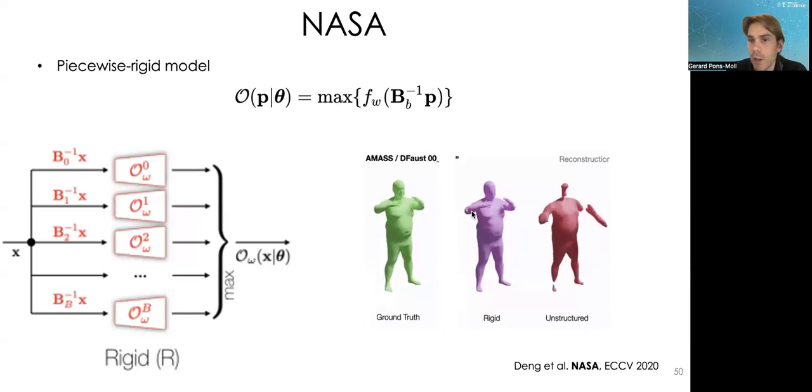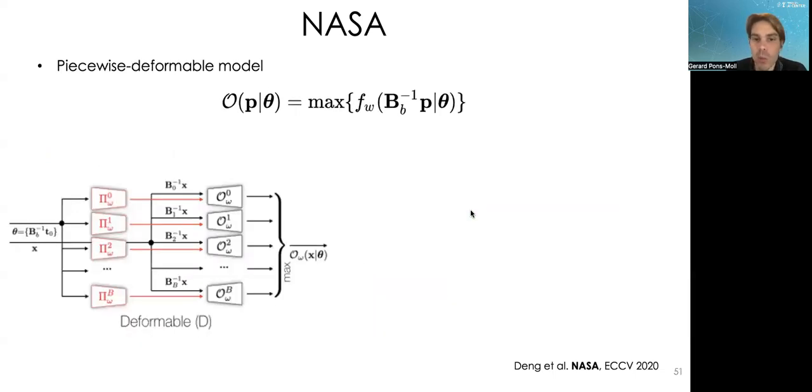However, similarly as with simple, when we model the mesh with rigid parts, you have problems at the intersections because the human body is not a collection of rigid parts, but it has non-rigid deformations as well. So in order to model these pose-dependent deformations, similar to the pose-plane shapes here, you have a function.